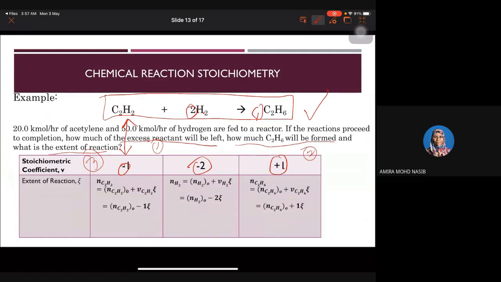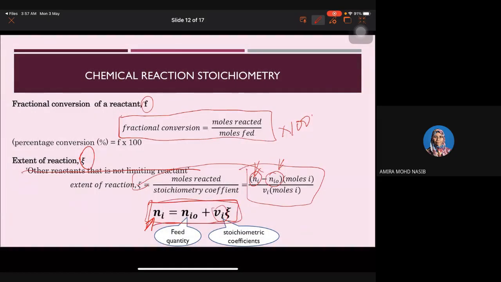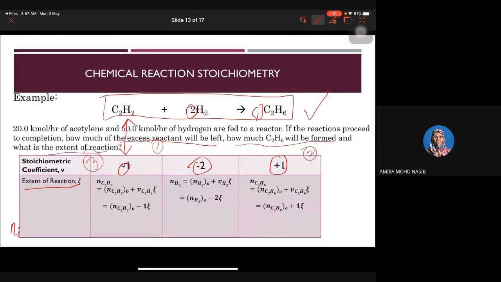Okay, so we know that the general equation to find the extent of reaction is this one: number of moles of the species equals number of moles of the species at the beginning plus the stoichiometric coefficient of the species times the extent of reaction.